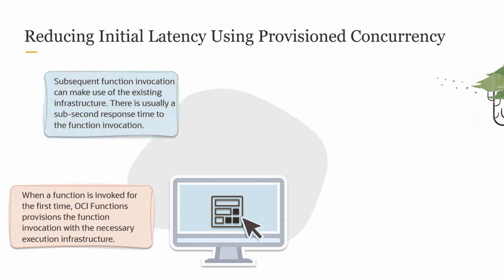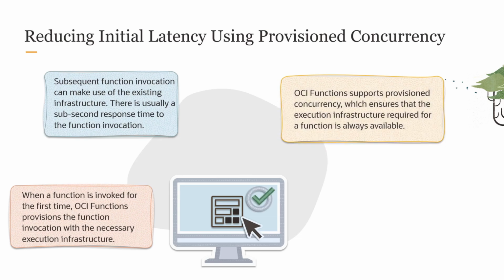However, once the infrastructure is in place, subsequent function invocations, also known as hot starts, can make use of existing infrastructure. This typically results in a sub-second response time to the function invocation. To ensure that the execution infrastructure required for a function is always available and to minimize any latency associated with initial provisioning, OCI Functions supports provisioned concurrency.